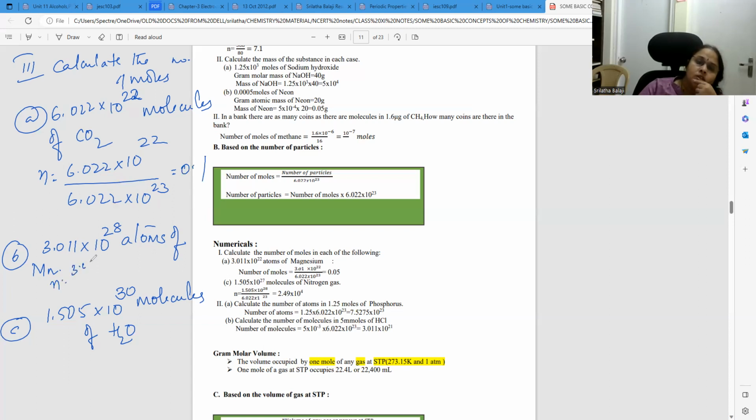What's the number of moles? 3.011 into 10 power 28 divided by 6.022 into 10 raised to 23. Number of particles by Avogadro number. So how much does it make?